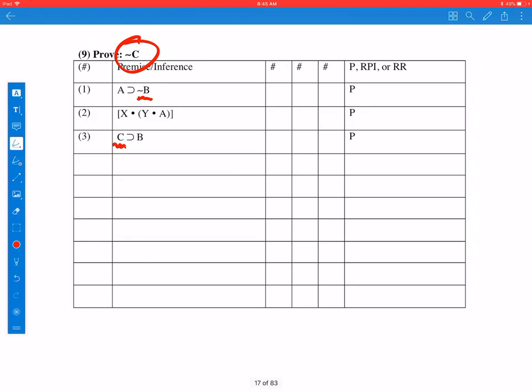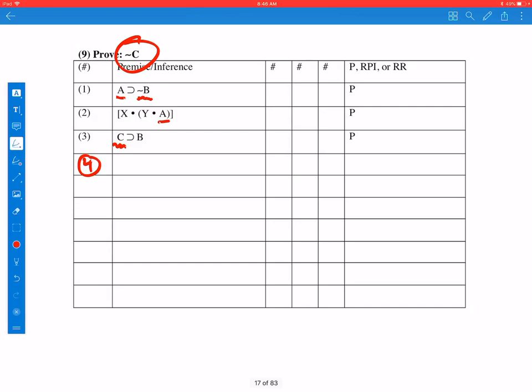So do we have a not B? Well, we have a not B in line 1, but that will require an A to do a modus ponens to get it. So we need to find an A, and there's an A locked in line 2, which we can get with some manipulation.